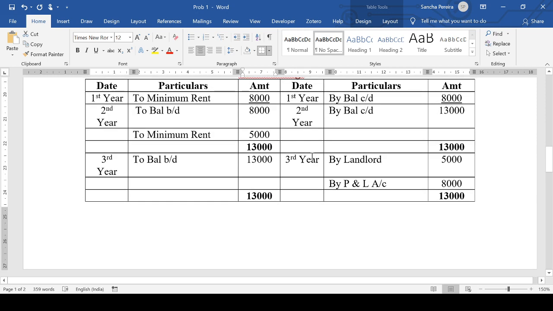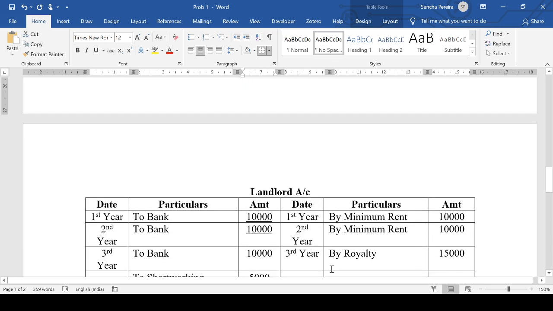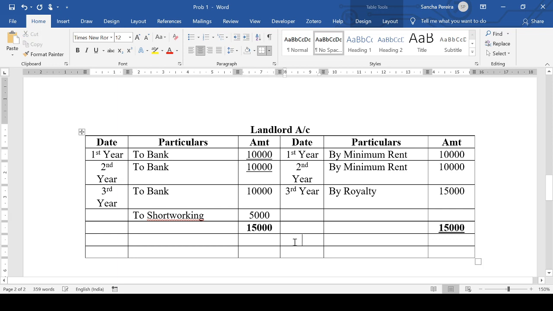So in landlord, I have to say by royalty, fourth year, by royalty, 18,000.